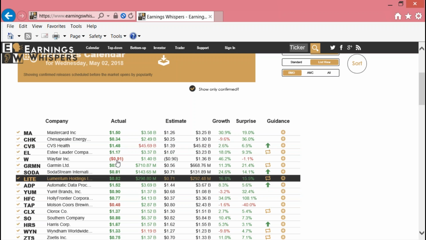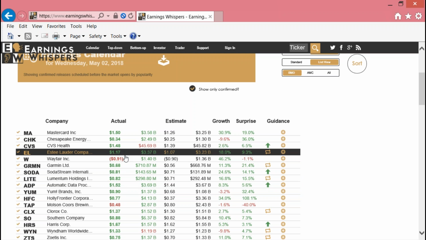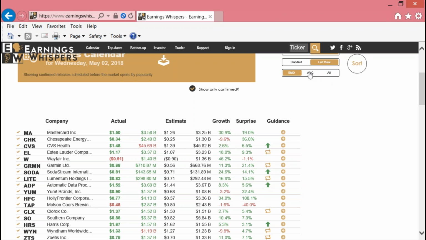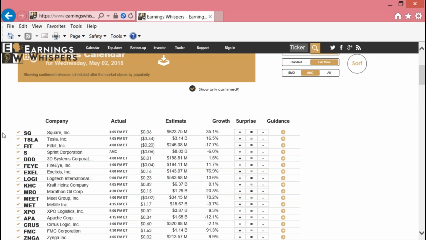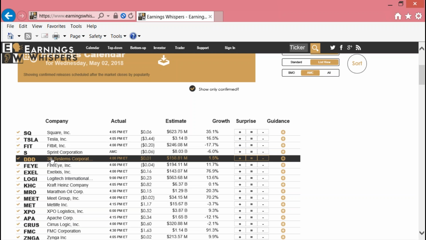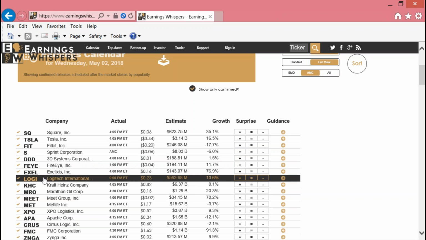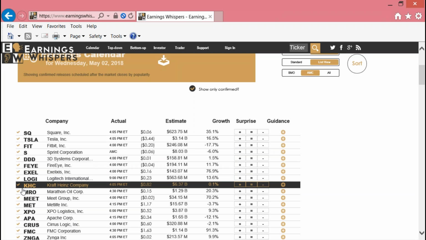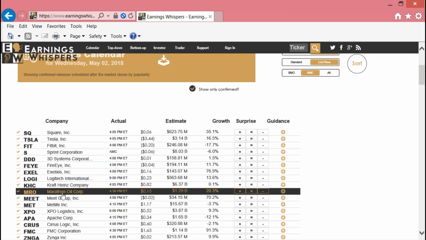They're all hitting pretty good and beating their expectations. After the market today, we've got Square, we've got Tesla, we've got Fitbit, Sprint, 3D, FireEye, Alexis, Logitech, Kraft. So we've got Marathon Oil.